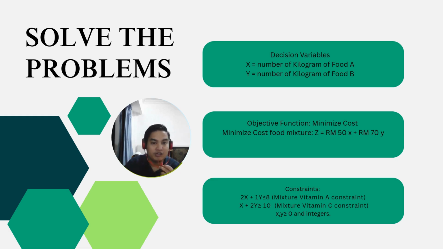For the constraints, 2X plus 1Y is at least 8, which is the mixture constraint for vitamin A, while X plus 2Y is at least 10 is the mixture constraint for vitamin C. And X and Y are greater than or equal to 0, non-negative, and also integers. Technically, the minimum cost is RM380, and to achieve this, Aziz uses 2 kg of food A and 4 kg of food B to meet all of the nutritional constraints.